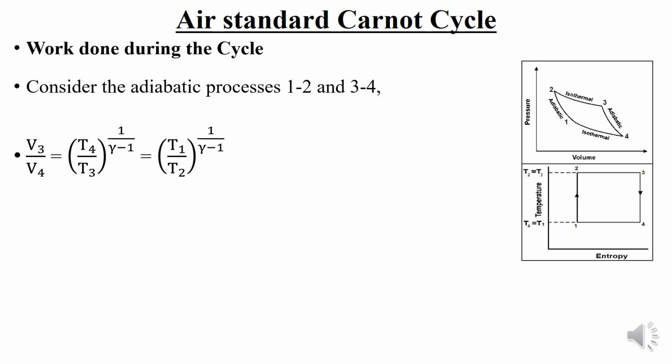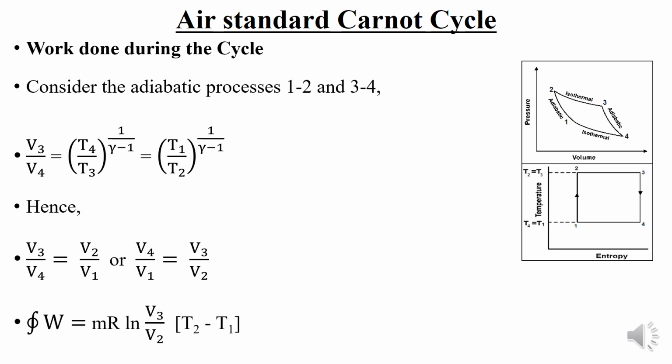So replace that term with T1 and T2. Note down this ratio V3 by V4. Whatever the compression that takes place, expansion also takes place in the same way, so the volume ratios are equal: V2 by V1 equals V3 by V4. While rearranging the terms, V4 by V1 equals V3 by V2.